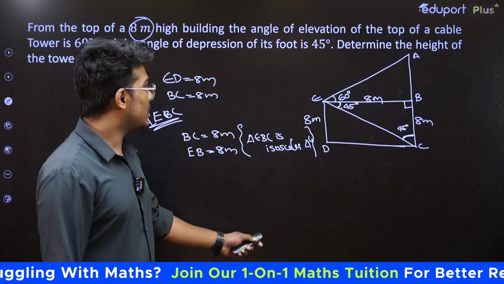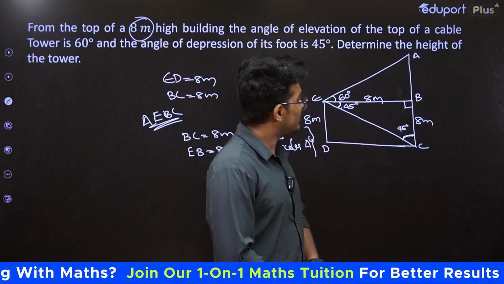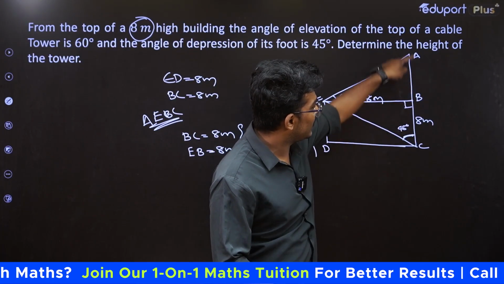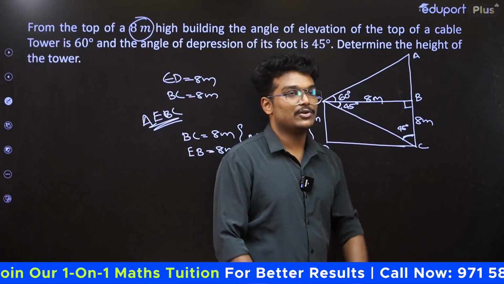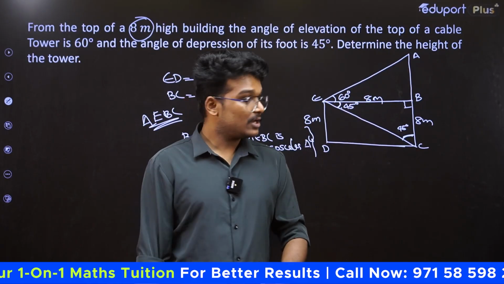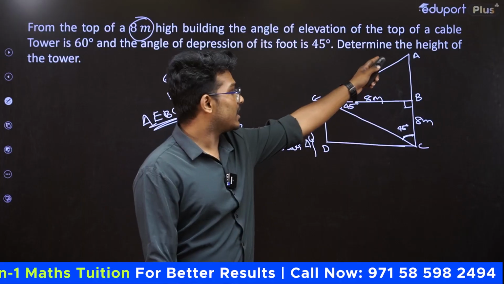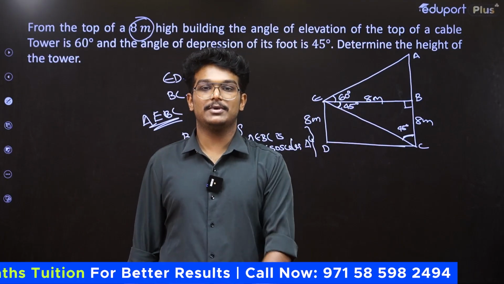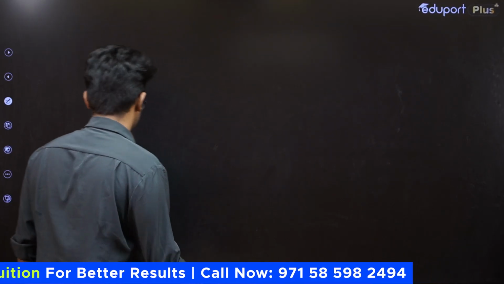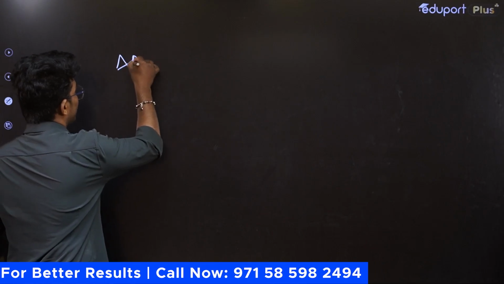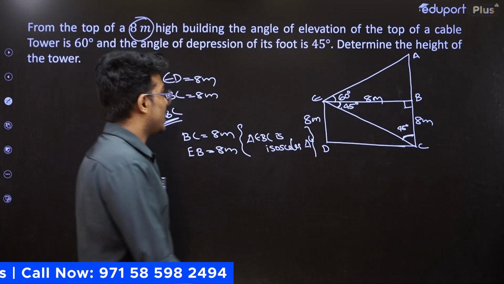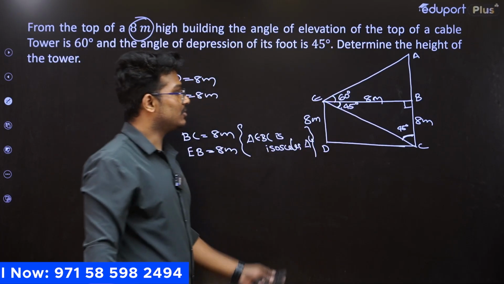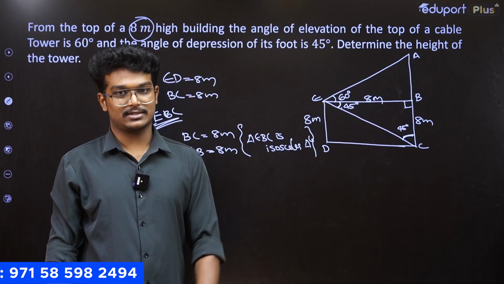Now we want to find the distance AC here. We got BC here. Then we have to find the value of AB. For that I am considering the triangle ABE. Here I am taking 60 degree, so I am taking tan 60 degree.